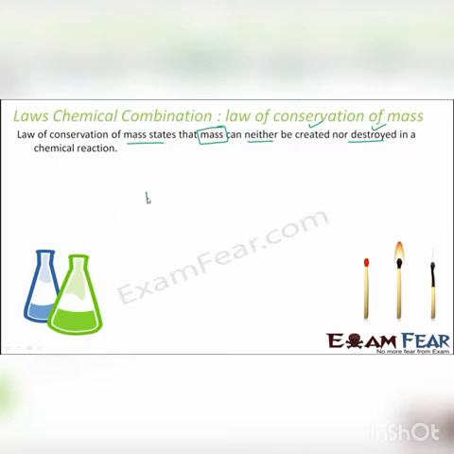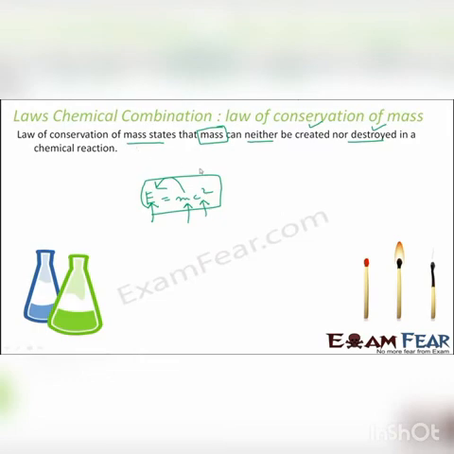There's only one equation you'll see, E is equal to mc square. Einstein has given this equation, which talks about converting mass into energy, and c is the speed of light. That is a different reaction altogether, where mass can be converted to energy. But in typical reactions, mass can neither be created nor be destroyed in a chemical reaction.